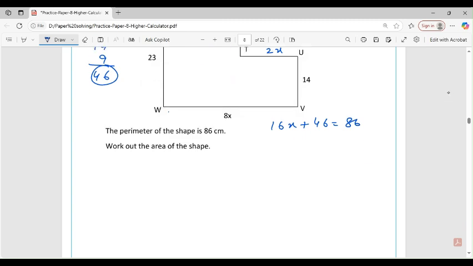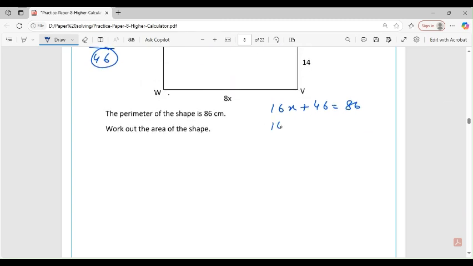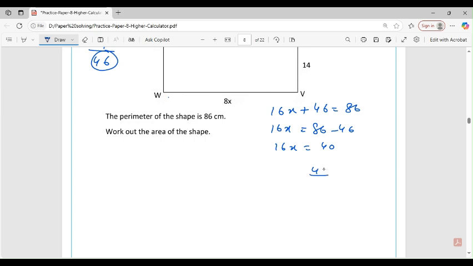Now it's pretty simple for you. Just 16x equals 86 minus 46, which should give you 40, and when 40 is divided by 16 you get x equals 2.5. So the unknown value, which is x, is 2.5.